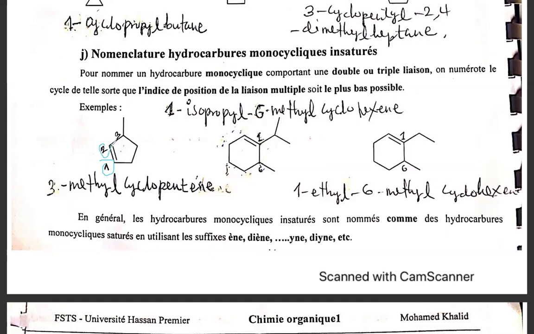It's not only this carbon atom. Both carbon atoms are in the sp2 hybridization state. So we are supposed to take into consideration the indices for both carbon atoms here, because this carbon atom and this carbon atom are different from this one. They are different.